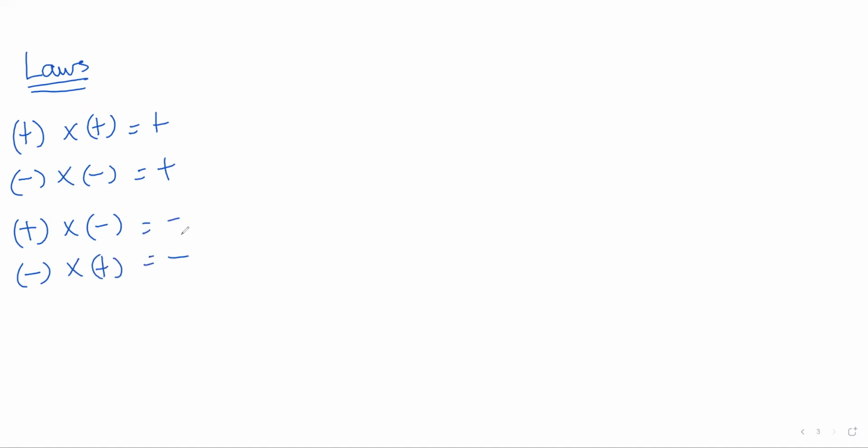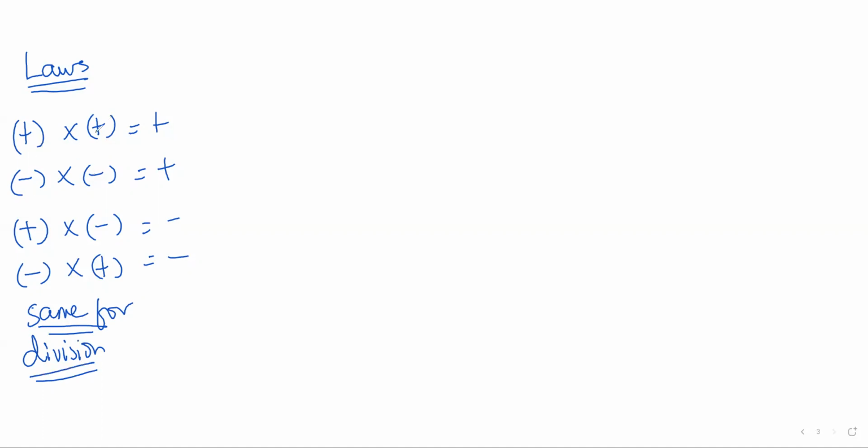Nice. So these are the 4 laws we learned of multiplying signs. And these laws are the same for division. So when I say same for division, a positive divided by a positive produces a positive.